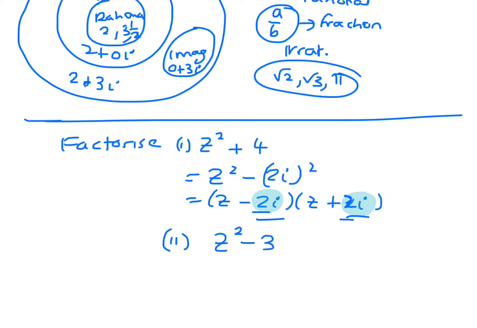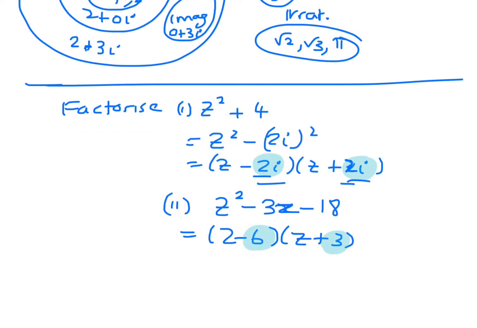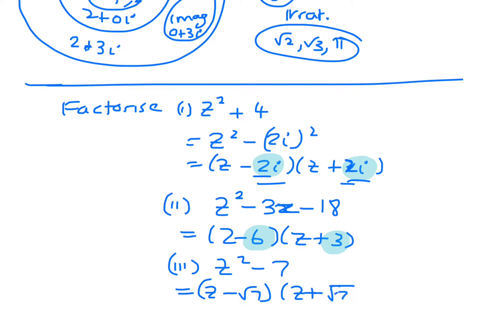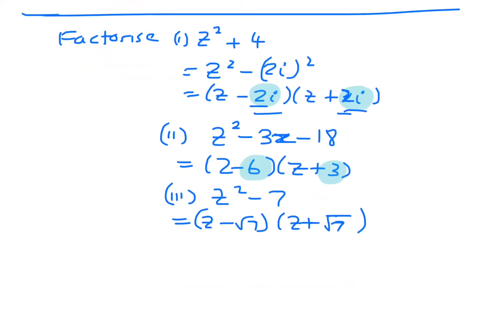If you had z squared minus 3z minus 18, that would be z minus 6, z plus 3. That is totally over the real field because you have real factors. If you had z squared minus 7, that's the difference of two squares, and when you factorise it, that would be over the real field. They are irrational numbers.